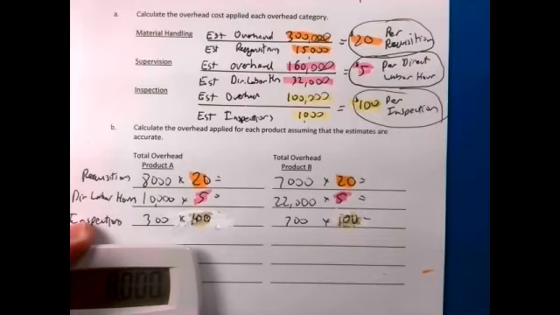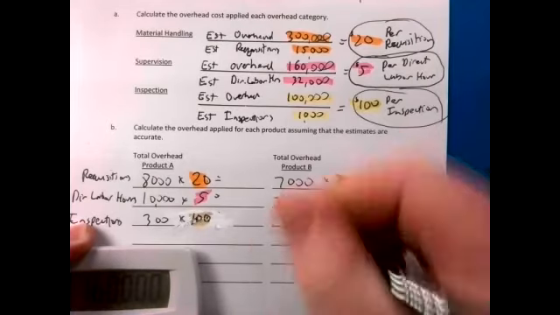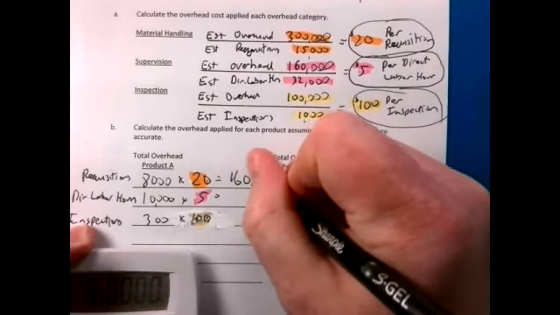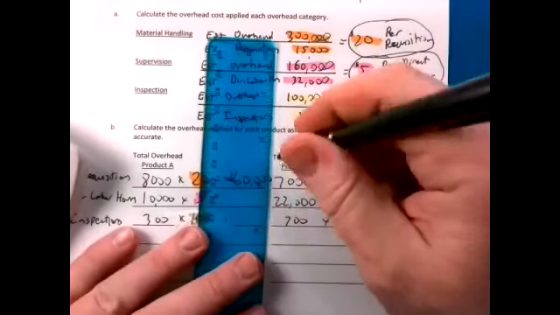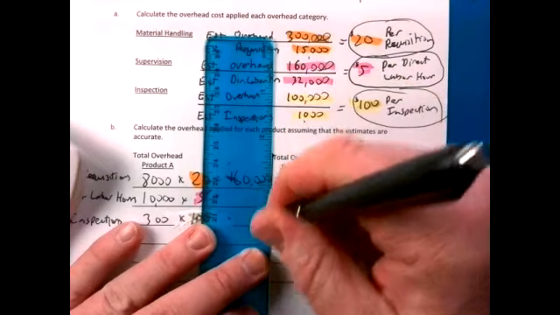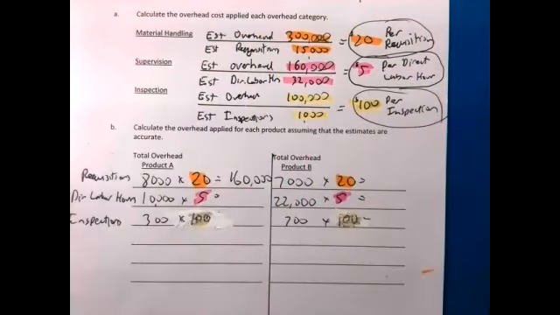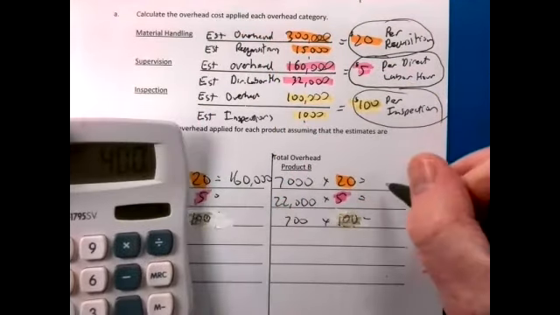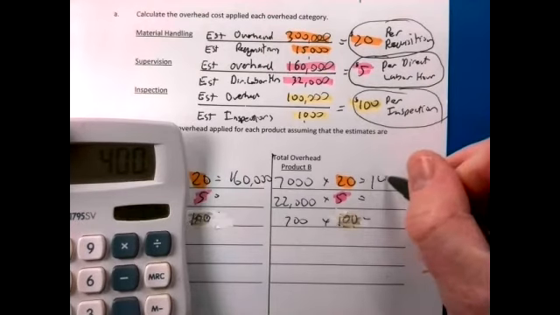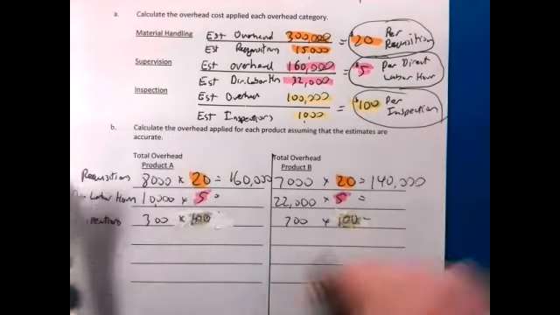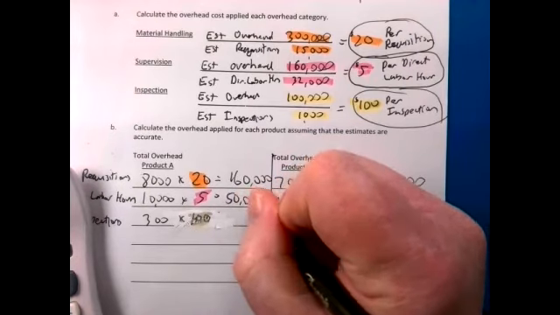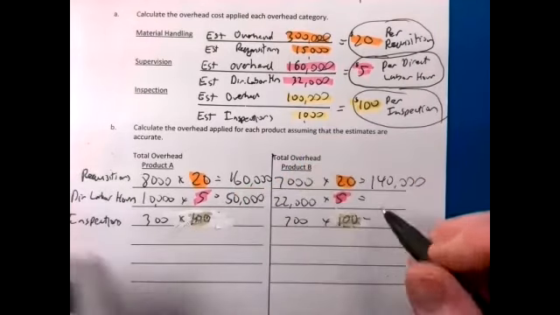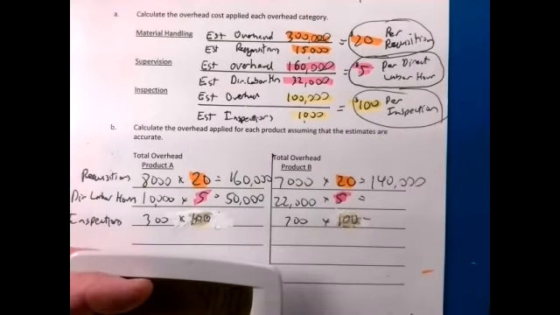8,000 times 20. $10,000 times 5 is 50,000. 22,000 times 5 is 110.